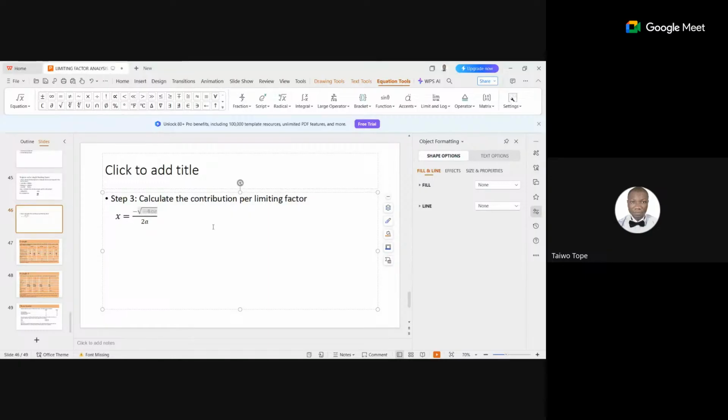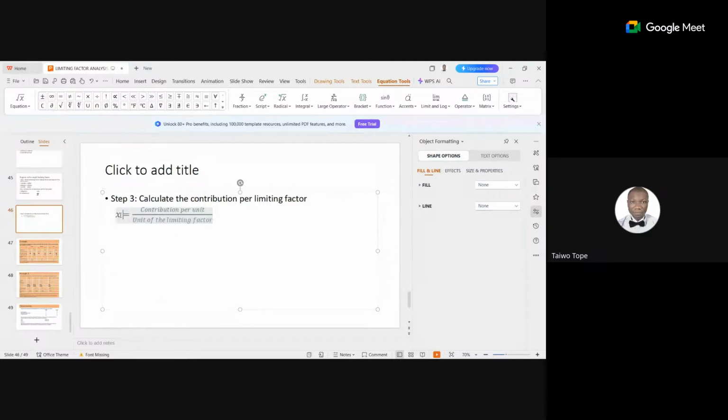Don't mind this formula, I'm just trying to use it for illustration. So we have contribution per unit divided by units of the limiting factor.